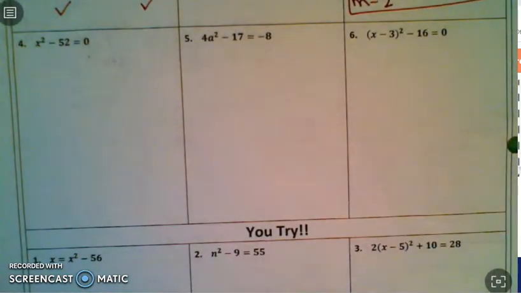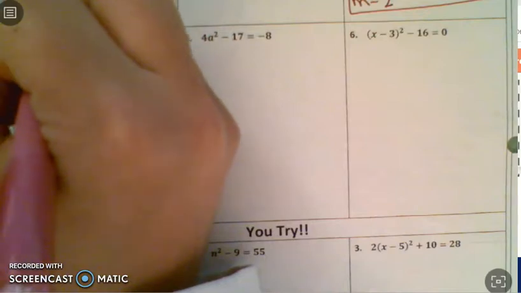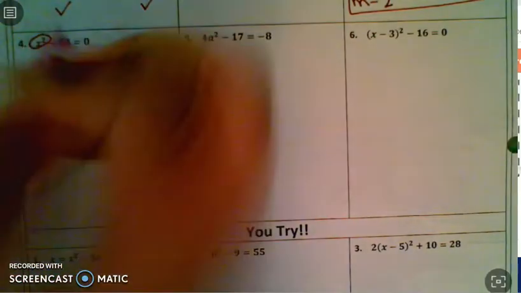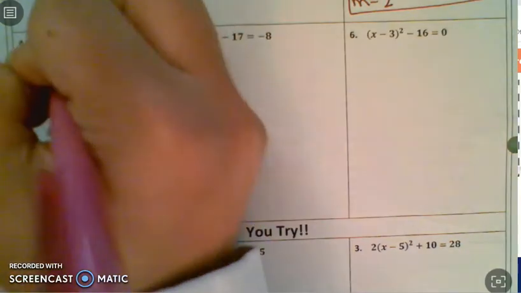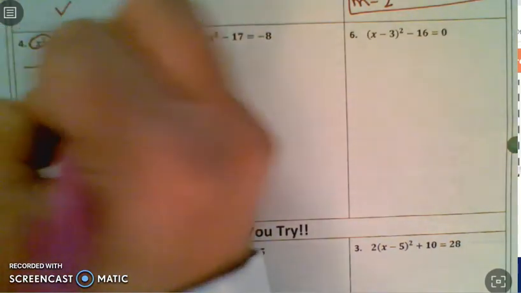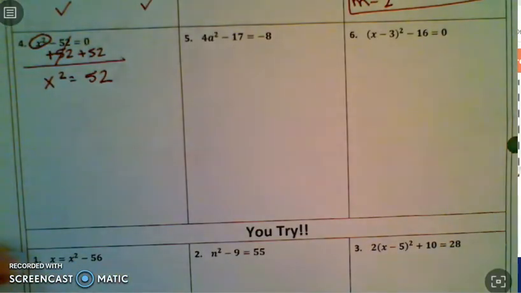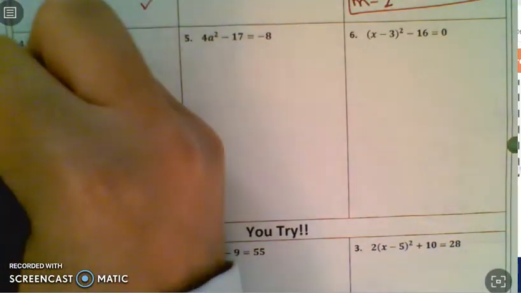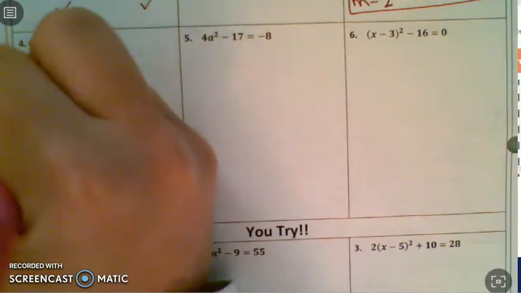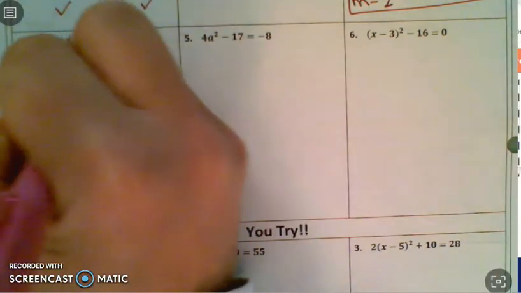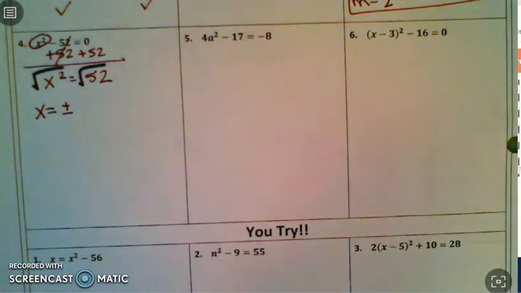Okay, number 4, x squared minus 52. So again, we need to get this x squared by itself. So I'm going to add 52 to both sides. x squared equals 52. Now that the squared is by itself, square root both sides. x equals plus or minus, let's see, 52, does 4 go into 52?